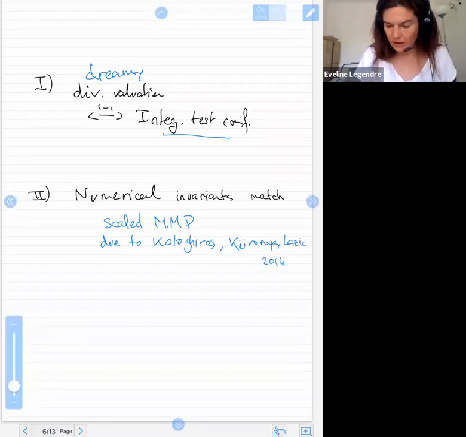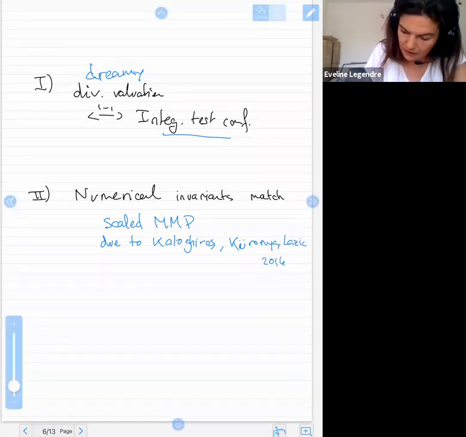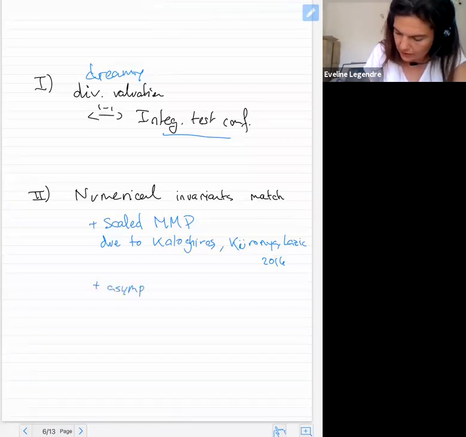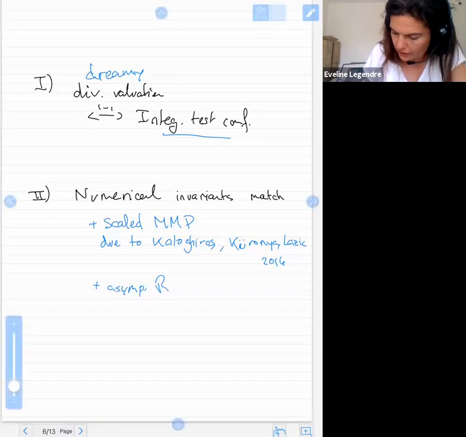And also the asymptotic Riemann-Roch formula of Fujita.